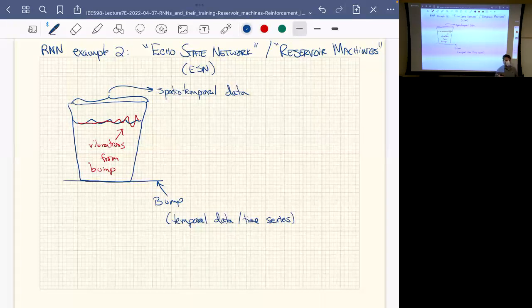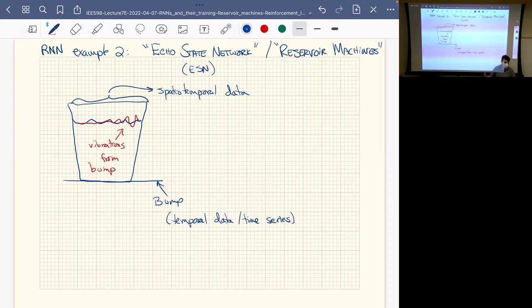So you take something that's just changing in time, and you suddenly project it into a space where different points in space are changing in time in different ways. And they're all changing because of this original input. So you're projecting something that's just changing in time to changing in time and space.